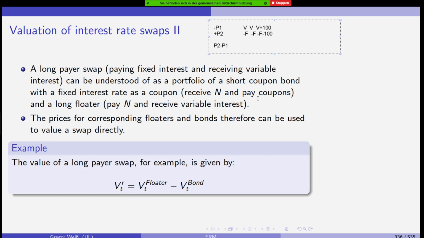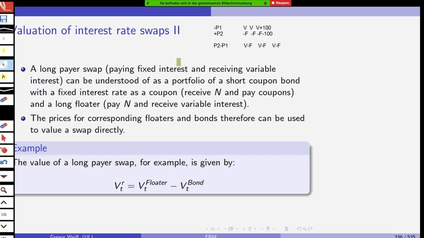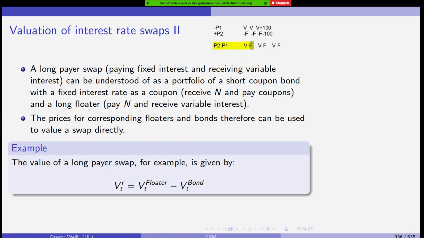And the cash flow from these portfolios combined, you get variable, you pay fixed, you get variable, you pay fixed, you get variable, you pay fixed, and plus 100 minus 100 is 0. So actually this here definitely is the payout profile of the swap contract, meaning the difference in P2 and P1 needs to be the price of the swap contract.